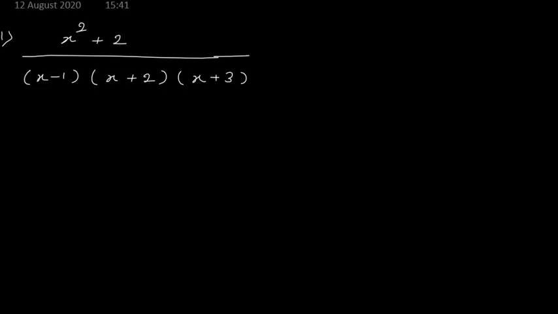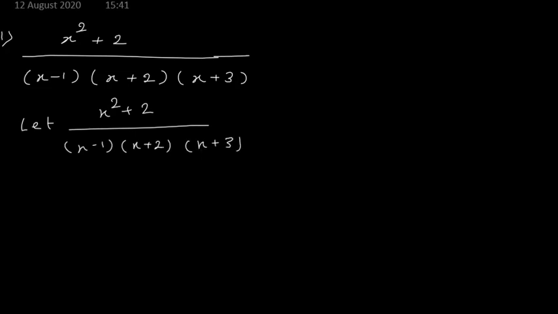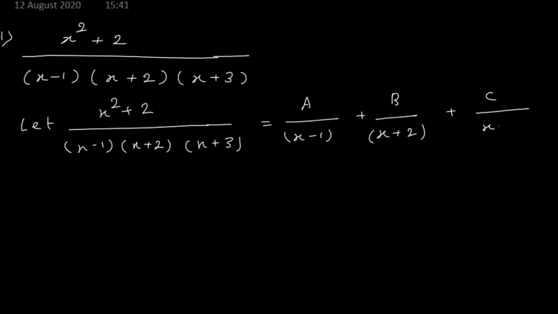So I will say let this term, x square plus 2 divided by x minus 1, x plus 2 and x plus 3, be written as a upon x minus 1 plus b upon x plus 2 plus c upon x plus 3. I have expressed them in some form. For a, b and c, the left hand side is going to be equal to the right hand side.